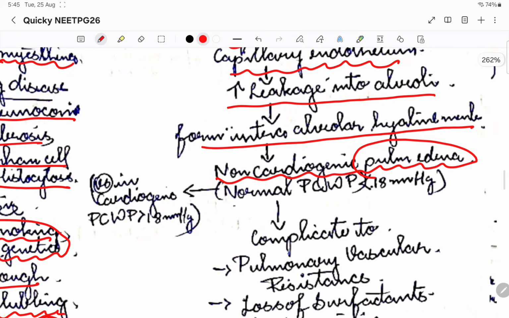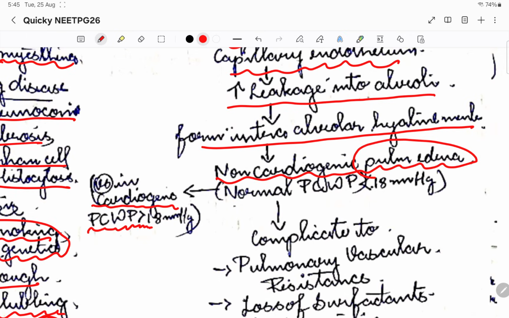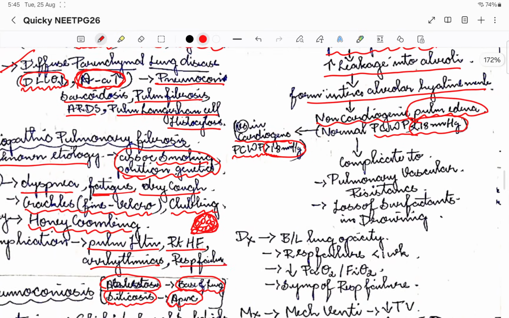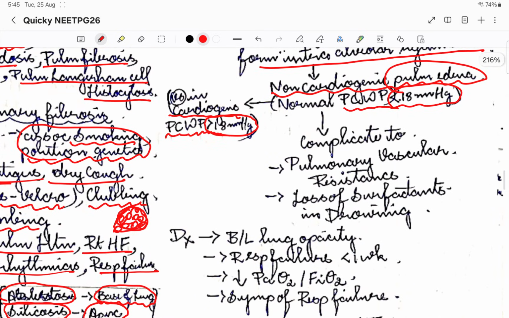We can differentiate non-cardiogenic from cardiogenic this way: in cardiogenic pulmonary edema, the PCWP, the pulmonary capillary wedge pressure, will be more than 18 mmHg, whereas in non-cardiogenic the PCWP will be less than 18 mmHg. So there is no issue with the heart; the lung is the issue here. ARDS itself is a complication.